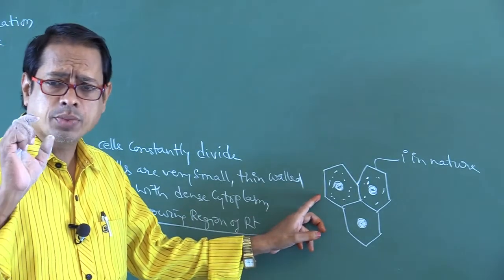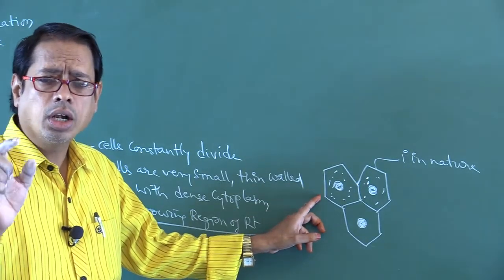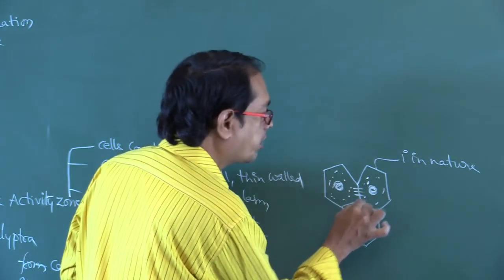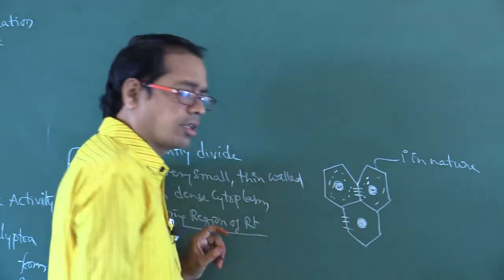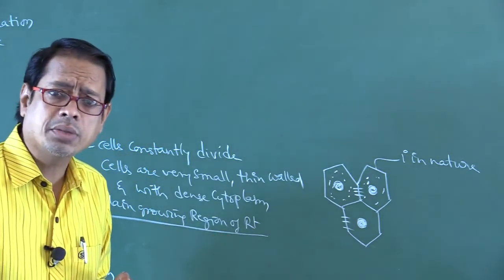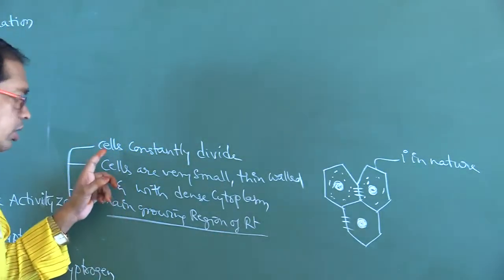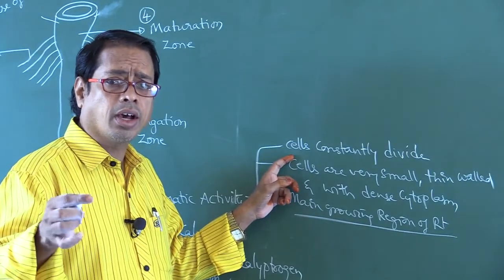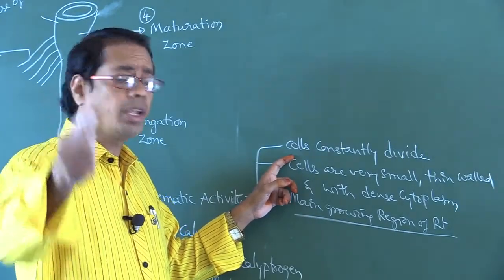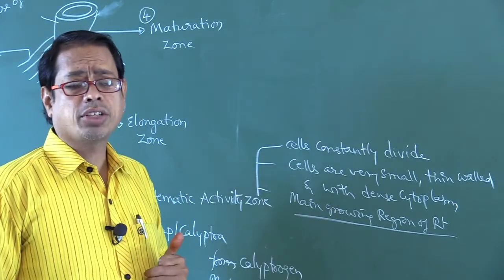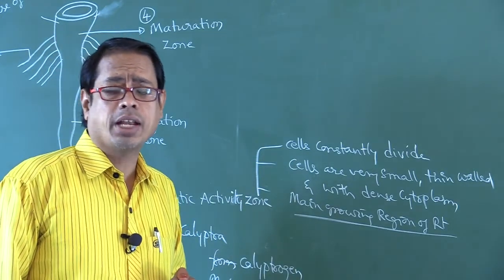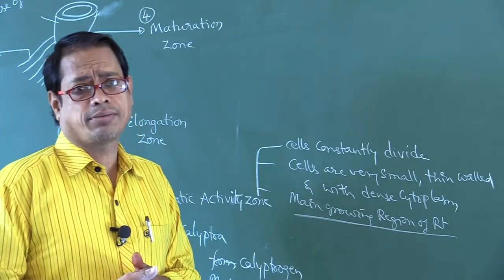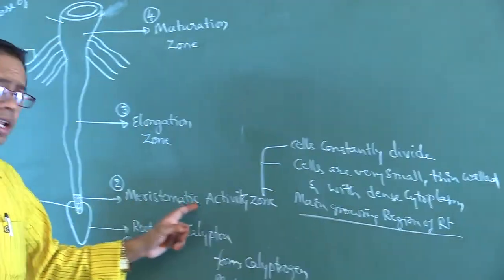Cells are very small, thin walled, primary in nature, and have abundant plasmodesmatal connections. So cells constantly divide. Which region is responsible for the growing region of root? Meristematic zone. Why? Because cells constantly undergo division. That is about meristematic zone.